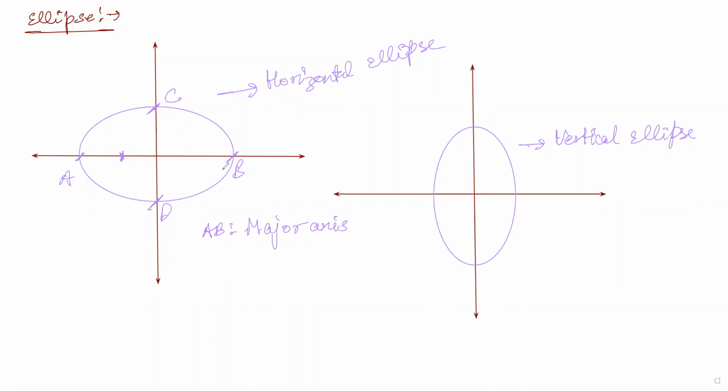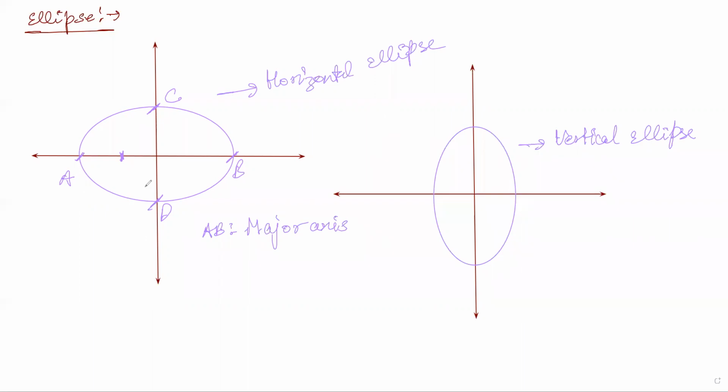It is symmetrical about x-axis. It is symmetrical about y-axis. So if you take this y-axis as mirror, this CAD is the mirror image of CBD. And if you take x-axis as the mirror, then ACB is the mirror image of ADB, this portion.